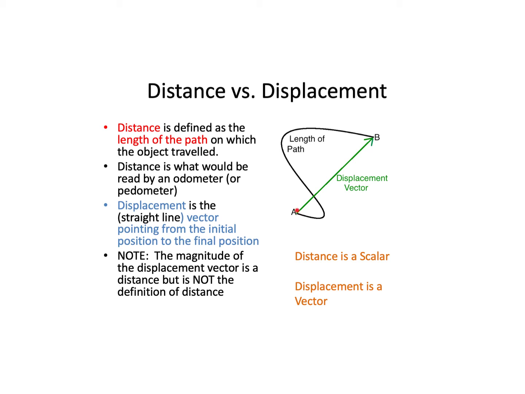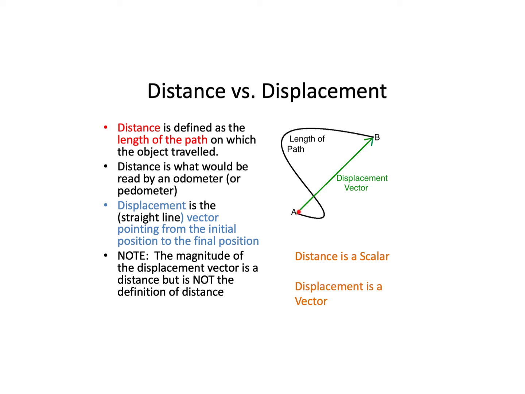Now, one more thing that we can talk about, the magnitude of this displacement vector, how long it is, that's also a distance. You could imagine a straight line path from the cabin to the general store, and the length of that path would be also the length of the displacement vector. And we know that a straight line is the shortest distance between 2 points, so that's the smallest distance that you could go and travel from the cabin to the general store.